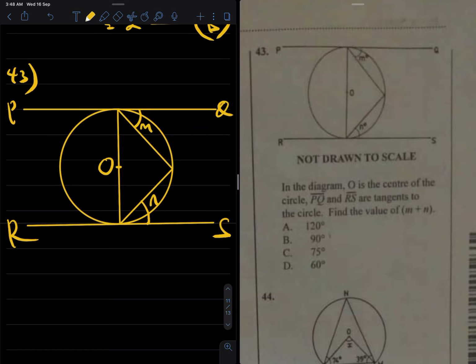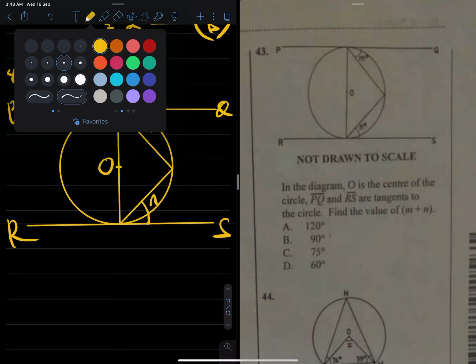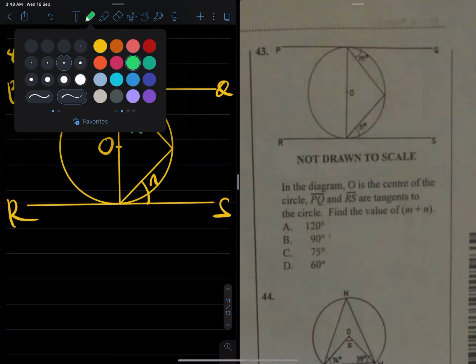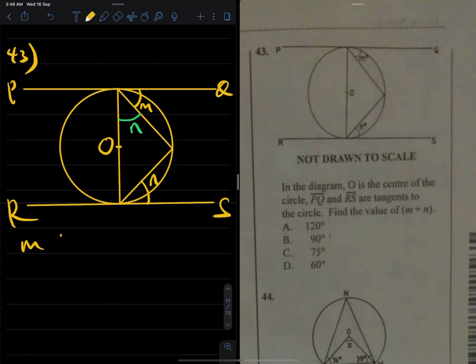Okay, that's beautiful. We can see that this angle is also N. Angle between a chord and a tangent is equal to angle in the alternate segment. So that angle is also M. And we know that M plus N equals, therefore M plus N equals 90 degrees.